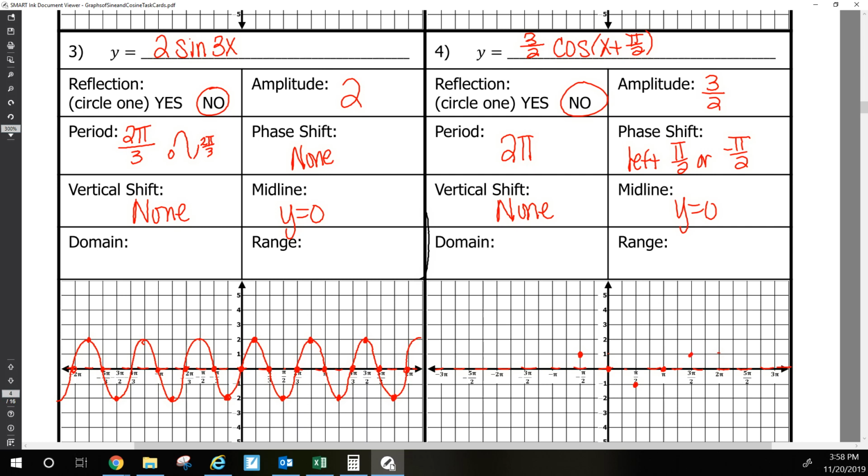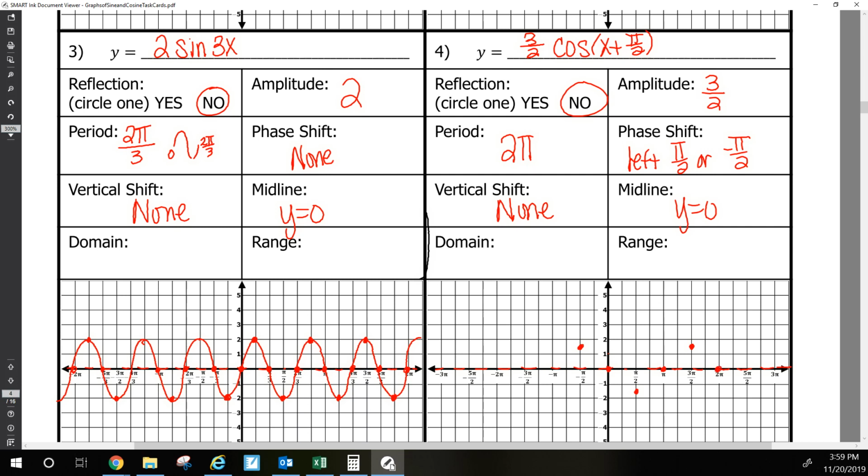Is that exactly what it's supposed to be? No. Why not? Because we don't have our amplitude change in there. What are we multiplying those by? 3/2, right? So instead of it being at 1, I'm going to move it to 3/2, which is 1.5. So my amplitude changes it to 1.5 on either side. There we go.